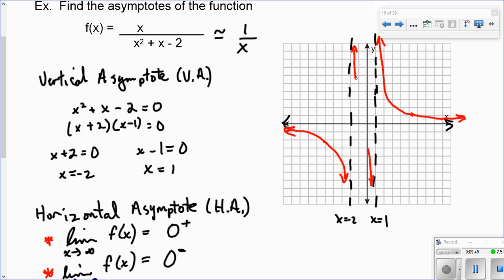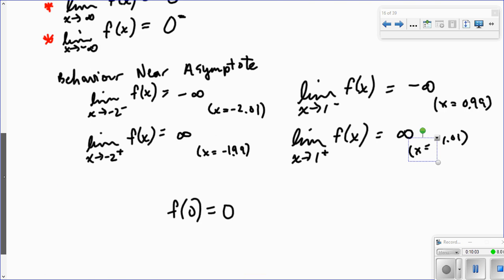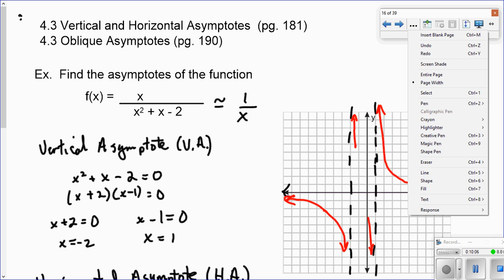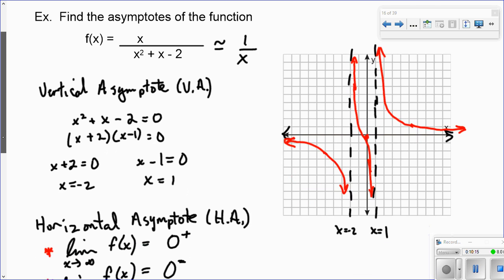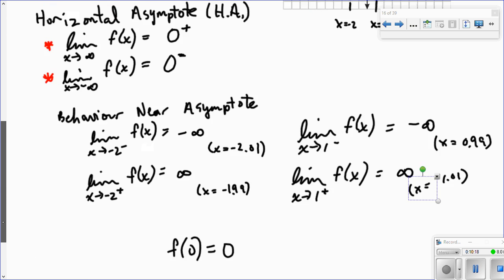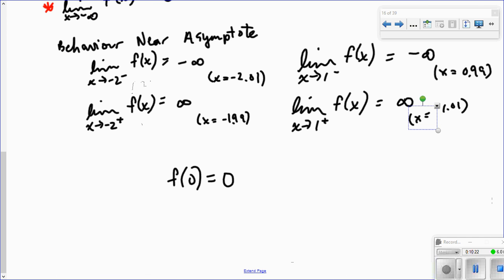I think it's in this area. I think I can probably fill in the rest. Right now I can't. So if x equals 0, what have I got? 0 over 0 plus 0 minus 2, 0 over negative 2, or 0. So I do have the origin as a point on my graph. I can fill that in and have it go through. Now, I want you guys to always check these on Desmos, but that's basically what we're looking at here with asymptotes.